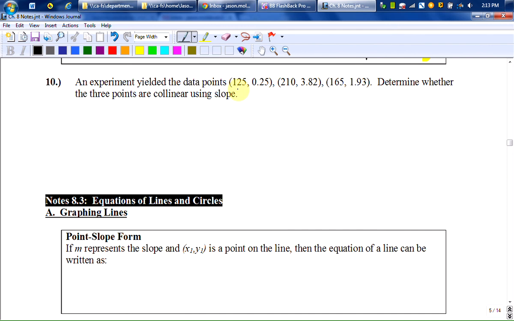So here we have some data points, and we're going to determine if these are collinear. And maybe I'll call this point A, point B, and point C. So I'm going to find the slope of AB. I'm going to find the slope of BC. And I'm going to find the slope of AC.